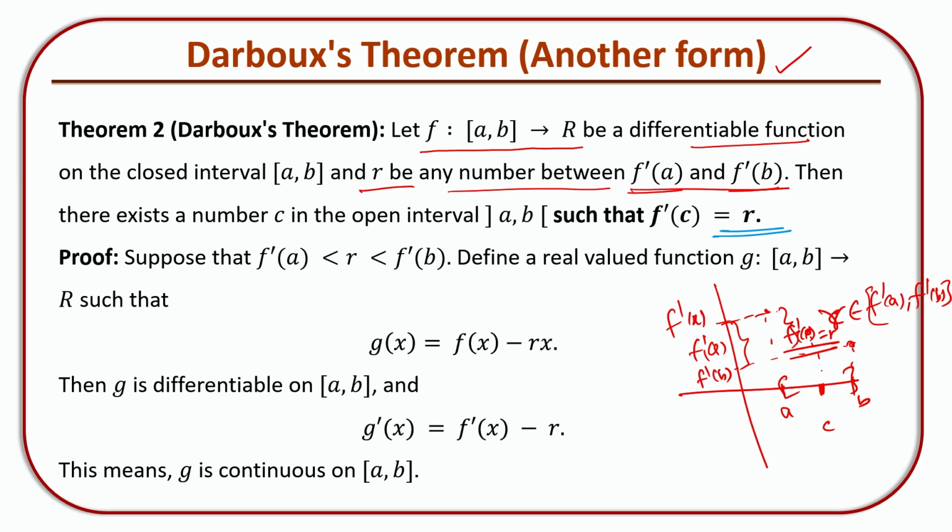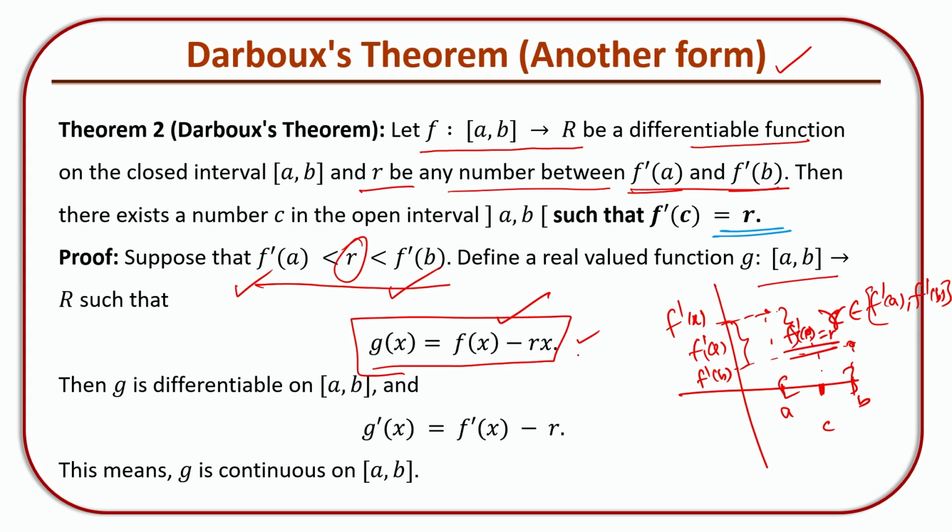And how to prove that? Since r is lying between f'(a) and f'(b), define a real valued function g from closed interval [a, b] to R such that g(x) is equal to f(x) minus r x. That is our construction. Then g is differentiable.